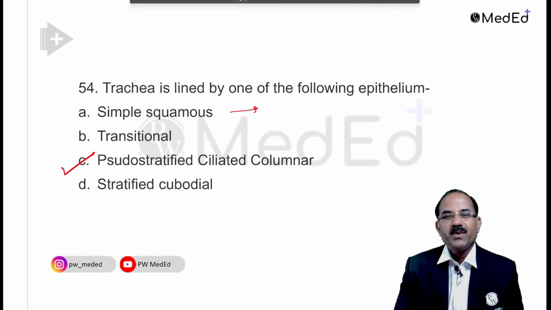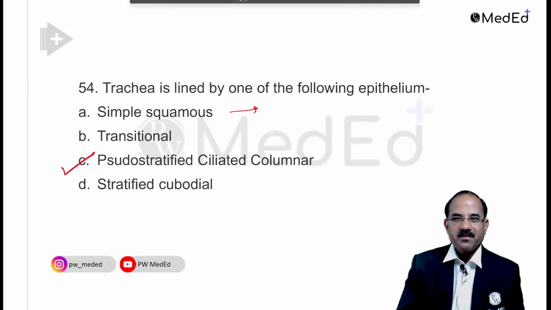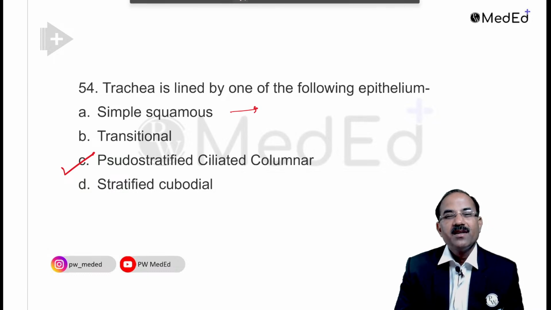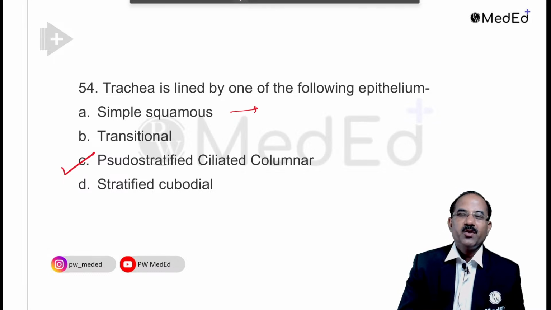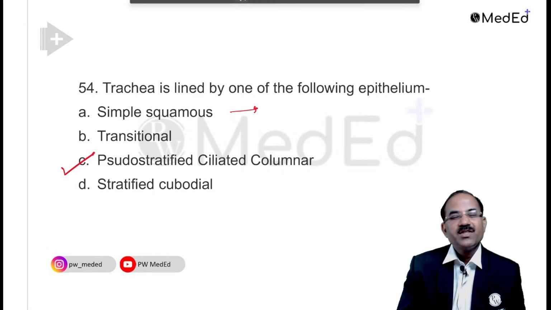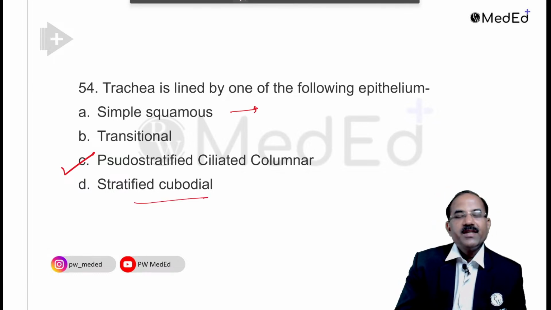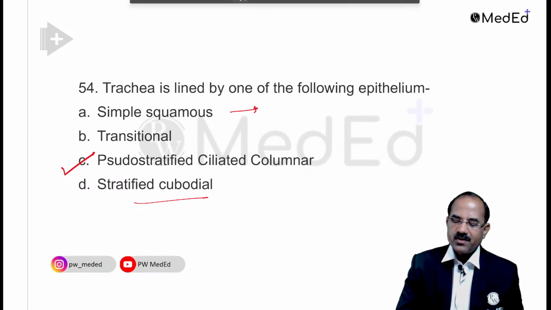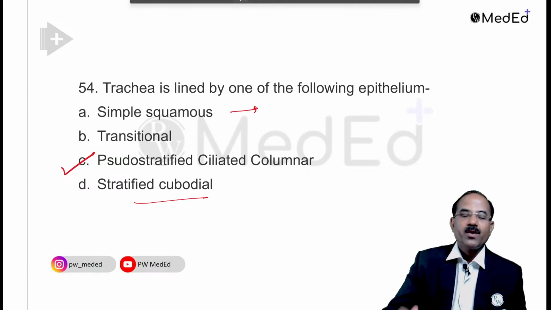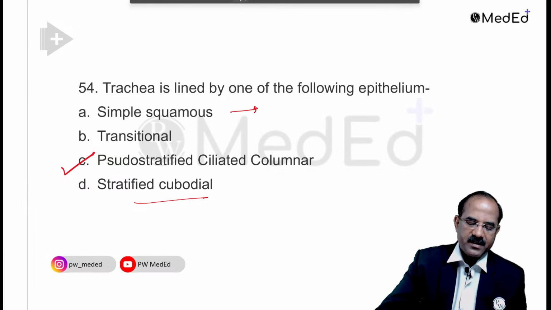It lines the peritoneal cavities, that is known as mesothelium. Simple squamous epithelium lines the loop of Henle. Okay. Transitional epithelium is urothelium. Stratified cuboidal epithelium is found in the ducts. So trachea is lined by pseudostratified ciliated columnar with goblet cells.